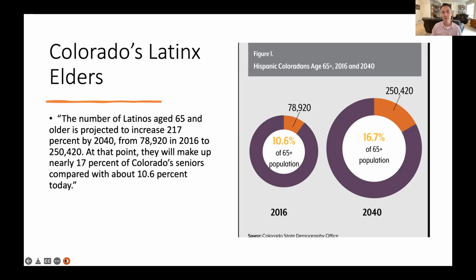In 2016 there were 80,000, but by 2024 there should be over 250,000. That's going to be basically 17% of Colorado seniors compared to 10% today. So it's going to be a huge shift. What can we be doing now to make that shift more streamlined, and for better patient care? Next slide, please.